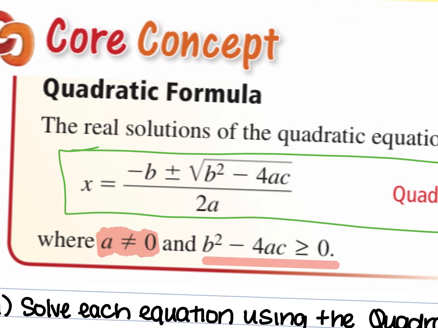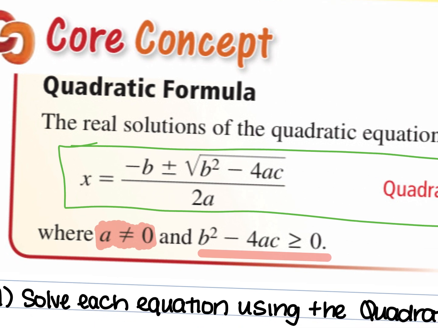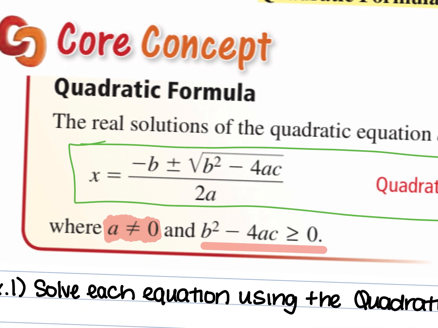It is x equals negative b plus or minus the square root of b squared minus 4ac all over 2a. Now, some of you are looking at this and you're like, there is absolutely no way I'm going to memorize that formula. And that is why there is a song that we sing that helps us remember the quadratic formula.